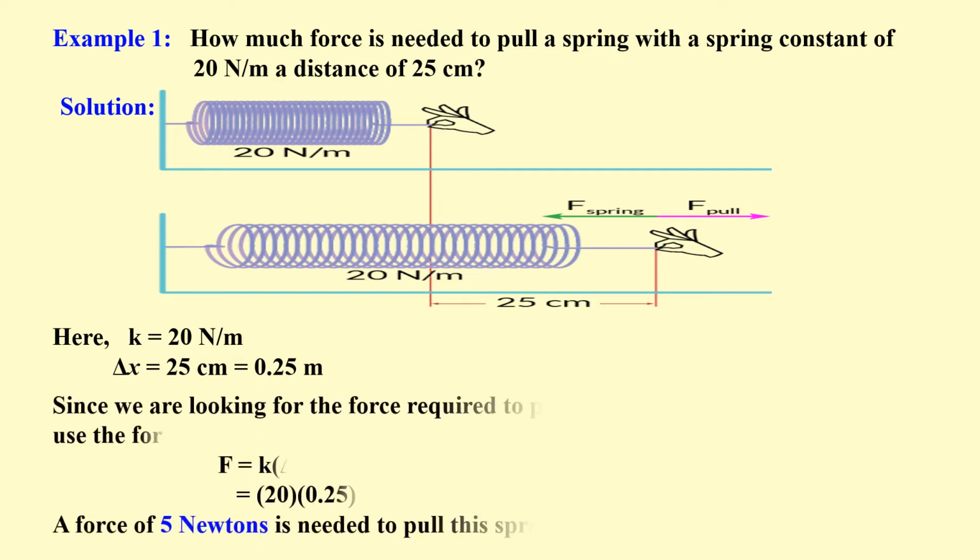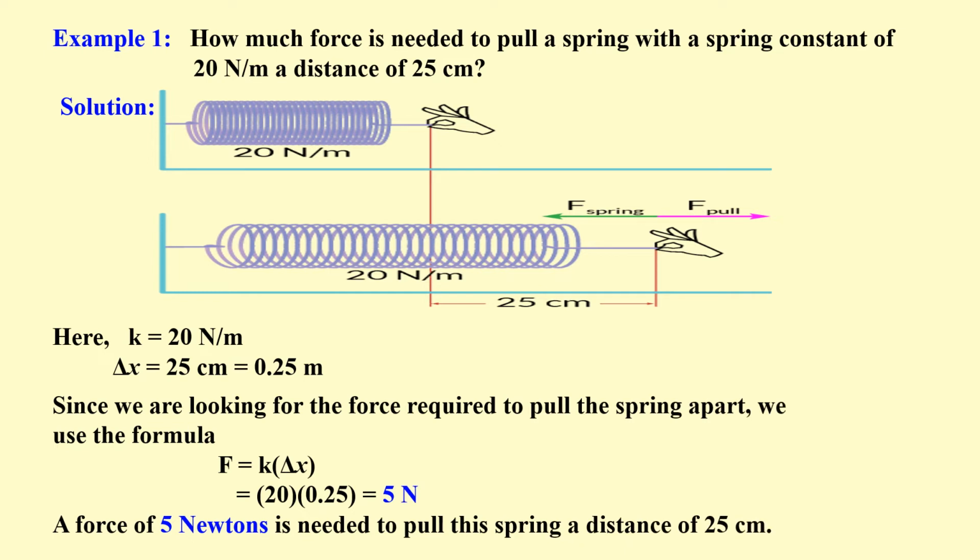Since we are looking for the force required to pull the spring apart, we use the formula F equals k times delta x. Substituting values and simplifying, F equals 20 times 0.25 equals 5 newtons. So, a force of 5 newtons is needed to pull this spring a distance of 25 centimeters.